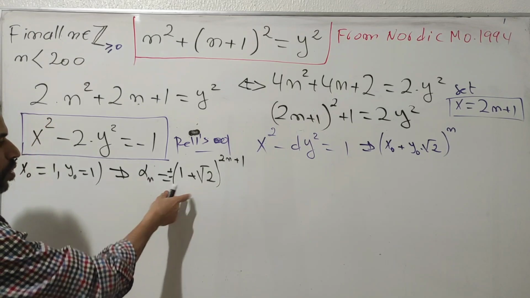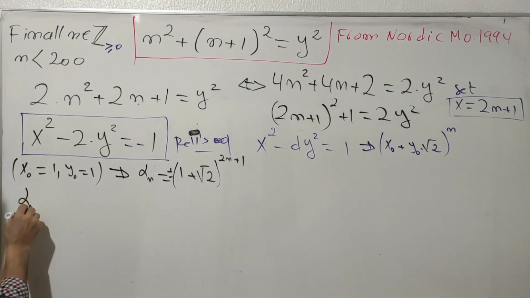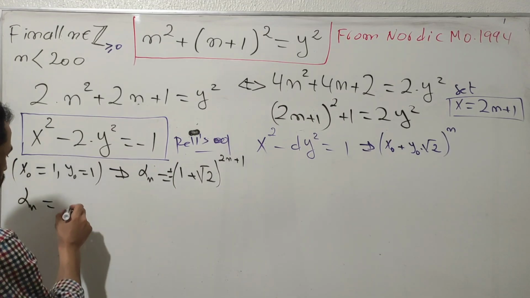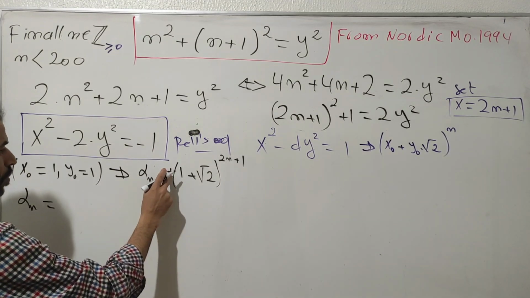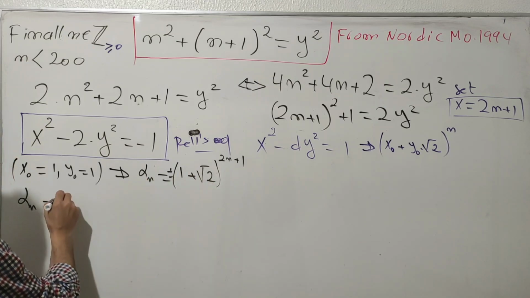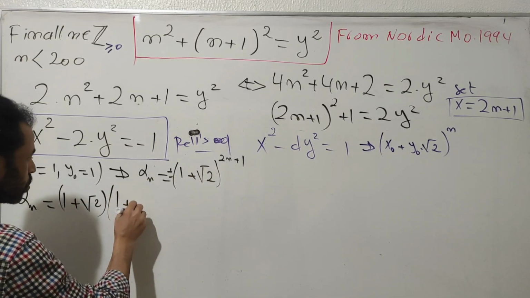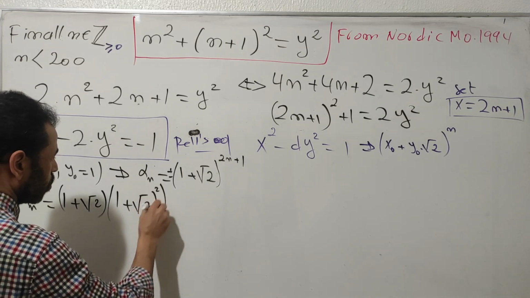Let's expand this out. So we get alpha n, which equals, by the binomial expansion, taking only the positive solution, 1 plus square root of 2 times (1 plus square root of 2) squared, all to the n.